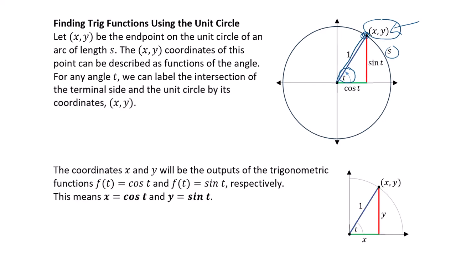So the coordinates x and y will be the outputs of the trigonometric functions f of t equals the cosine of t, and f of t equals sine of t, respectively. This means that x is the cosine of t, and that y is the sine of t.